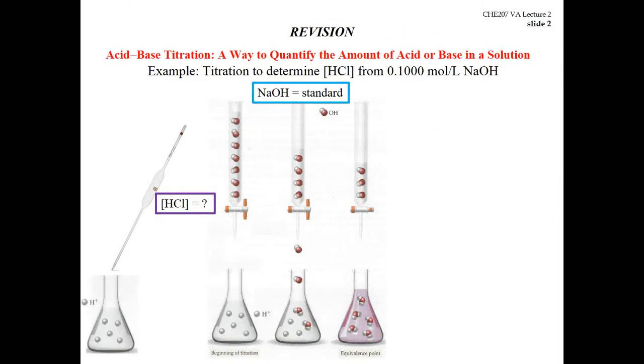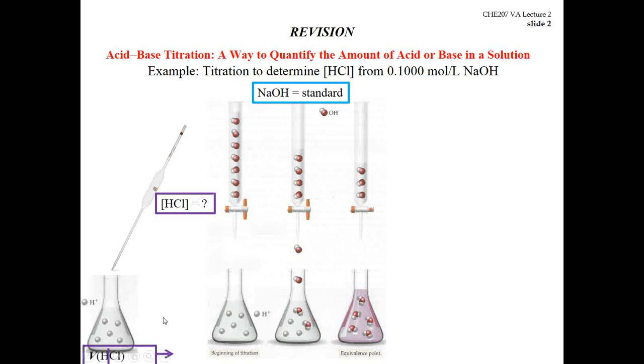We use a titration to determine the concentration of an unknown. We look here at an example of a titration to determine the concentration of hydrochloric acid from a titration with 0.1 mole per liter NaOH. So in this case, NaOH is the standard.